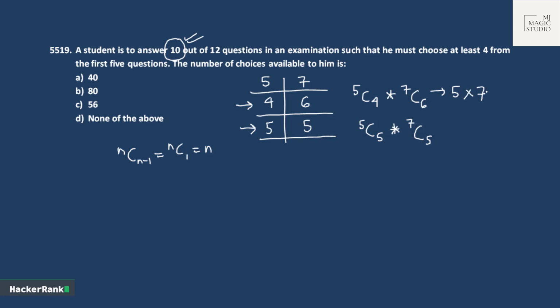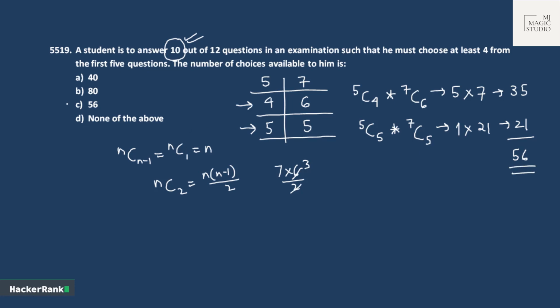And 7C6 is 7. That means this can be done in 35 ways. 5C5 is 1, and nC2 is n into (n minus 1) by 2, so 7C5 would be 7 into 6 by 2, that is 21. 35 plus 21 is 56.